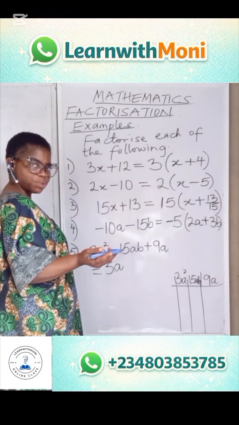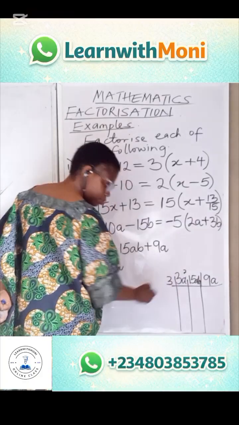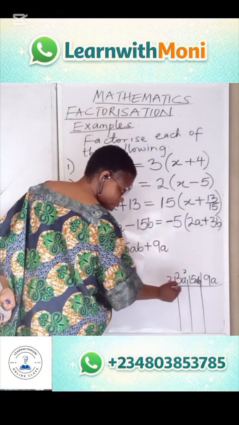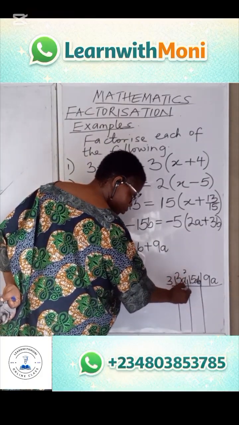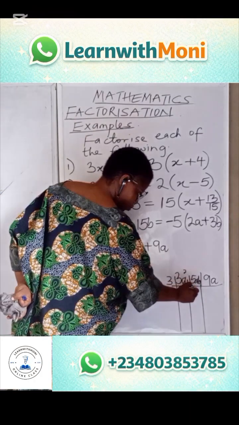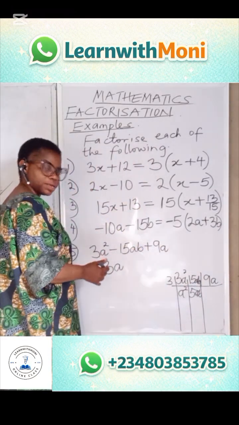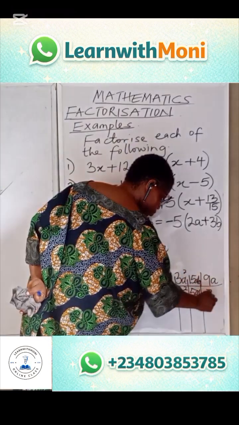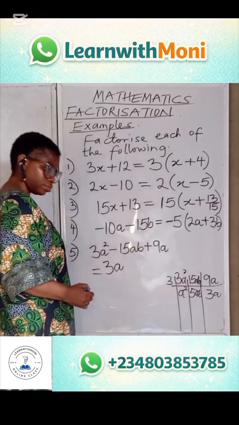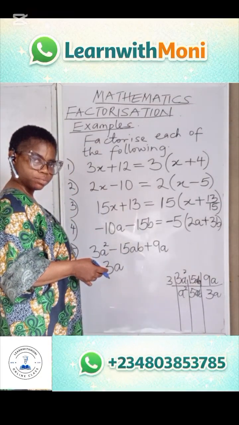What is the first prime number we can use here? It is 3. 3a squared divided by 3, we have a squared. 15ab divided by 3, I have 5ab. 9a divided by 3, I have 3a. There is no other number that is common to the three of them.